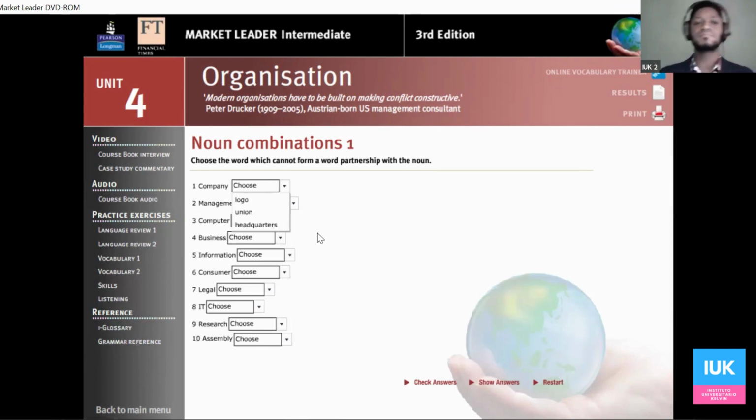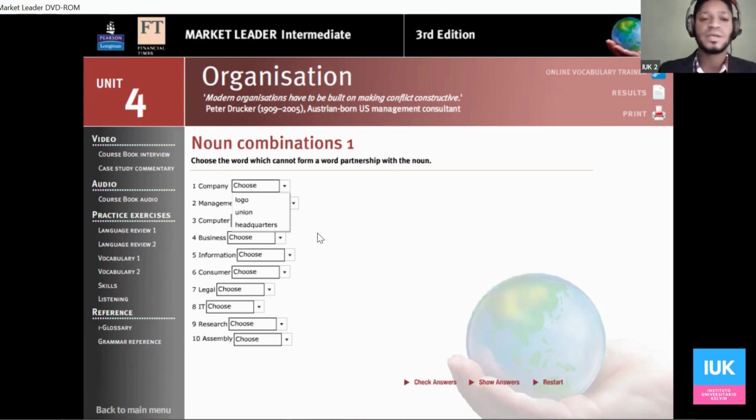Number one, company what? Now, which of these does not make sense to be used next to the word company? Do you say company logo, company union, or company headquarters? Which of these cannot form a word partnership with the noun company?